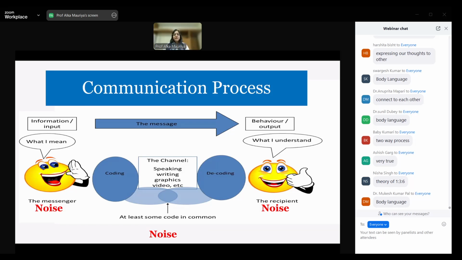So we have to be very careful about what mode of communication we are using, and also that there should not be enough noise in between, to ensure that our message reaches the receiver the same way in which we intend to send it.